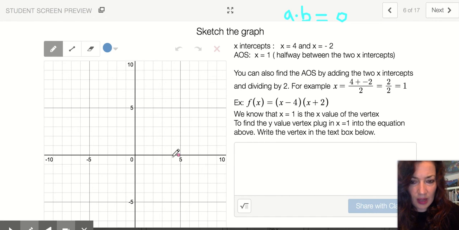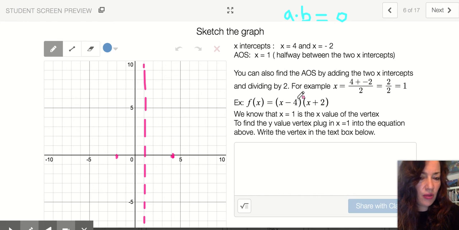We have x equals 4 as one intercept, and negative 2 as another. Our line of symmetry is at x equals 1, so that is right here. Now, what do we know about the line of symmetry? We know that that is the first value of the vertex. We know that the vertex will always be on the line of symmetry.